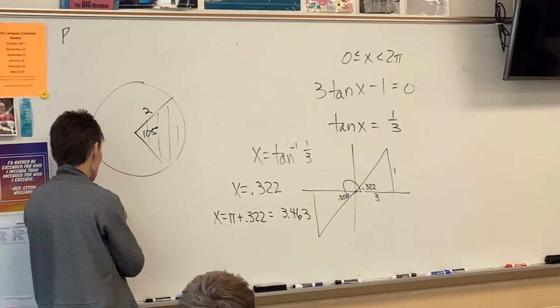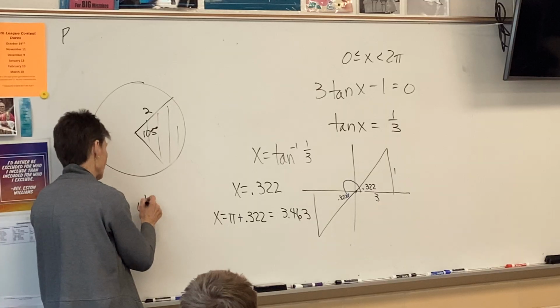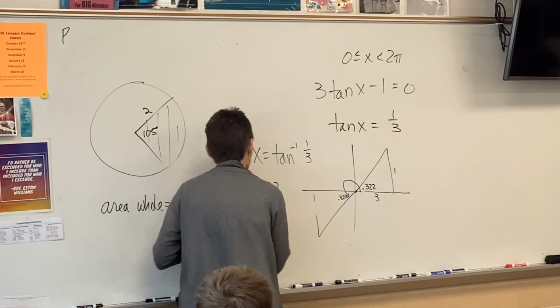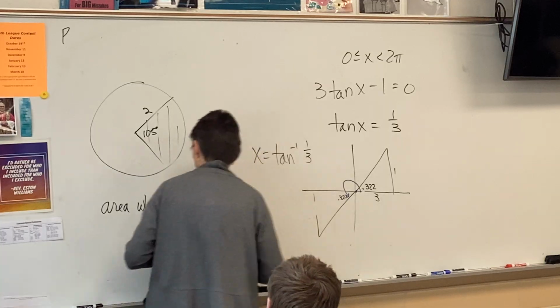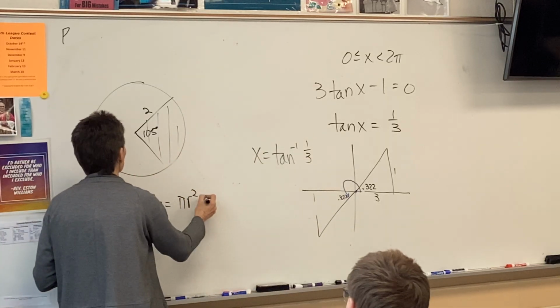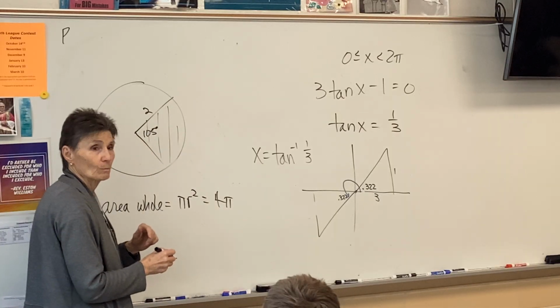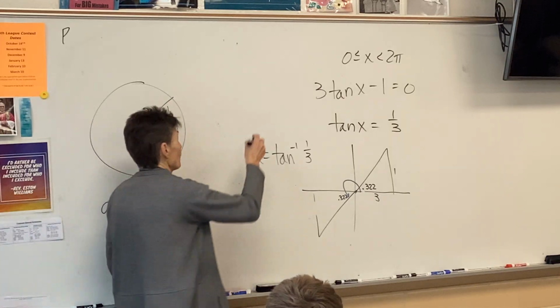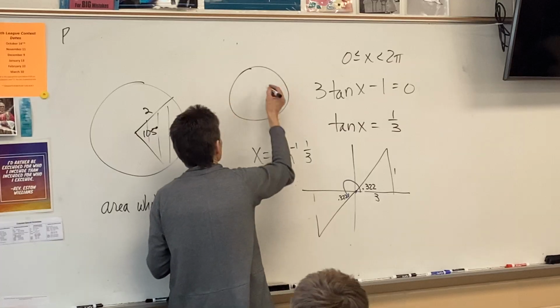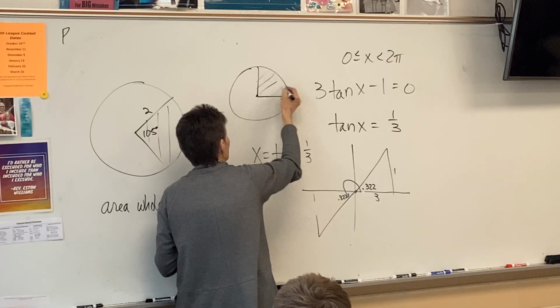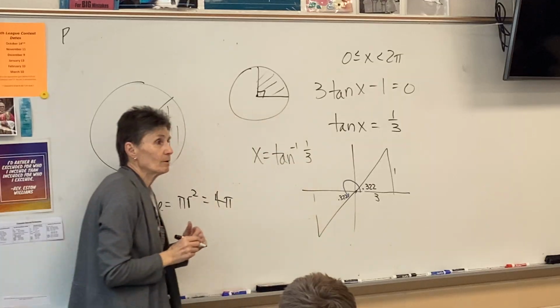What is the area of the whole circle? Pi r squared. So for the whole circle, the area would be 4 pi. Right? Now I want you to think about this for a minute. What if I took that circle and I said, find the area of that sector?